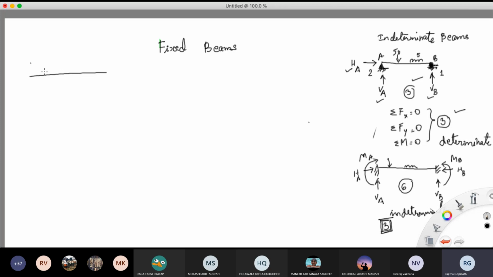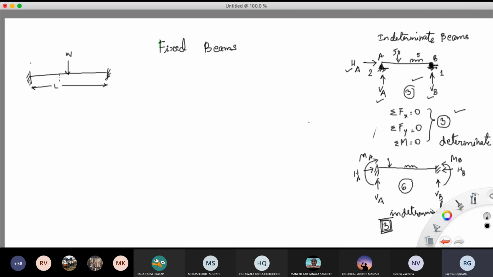So what we have here is a fixed end beam, and the length is L. Now to solve this, what is the nearest possible thing I can do?